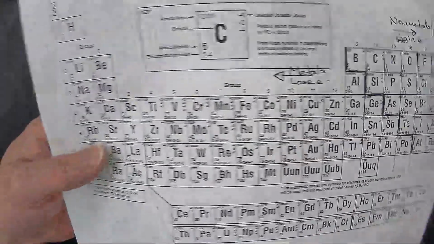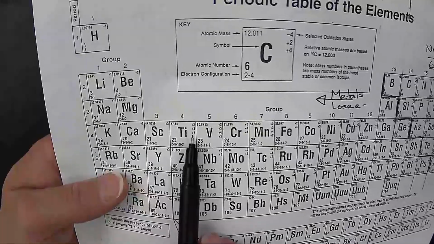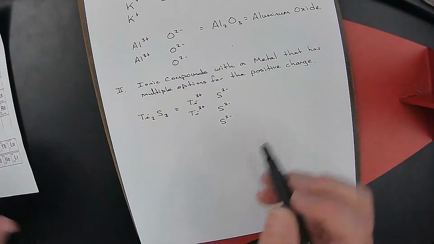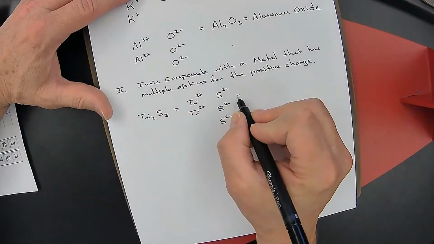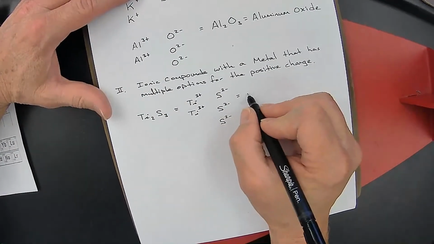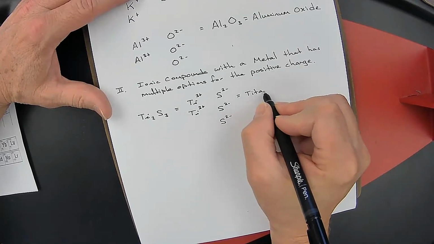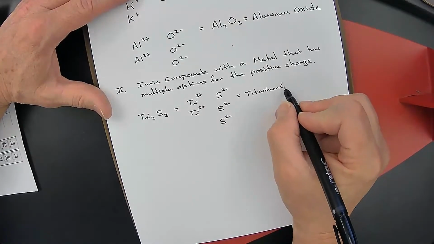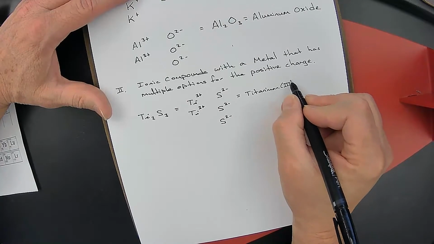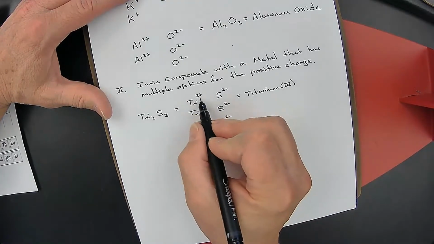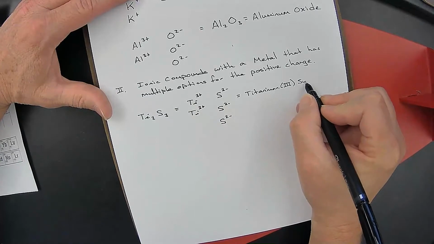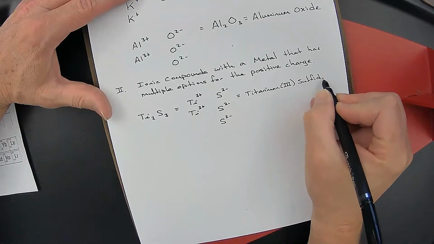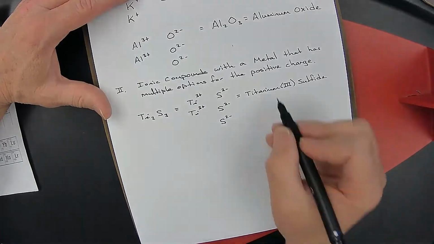So I go to my chart. Is that an option for Ti? It is, 3 plus. Now that I know that it's a 3 plus, when I name it titanium, I must include a Roman numeral 3 because of the 3 plus, then sulfide, IDE at the end.